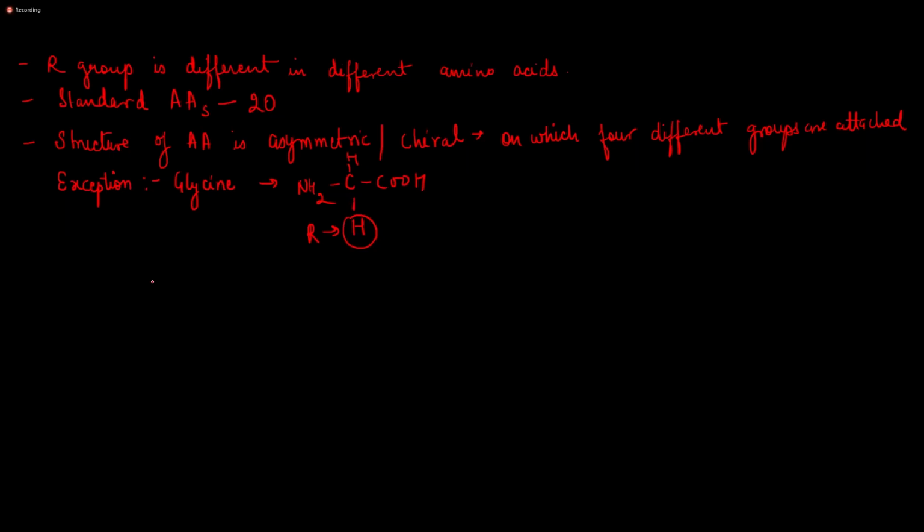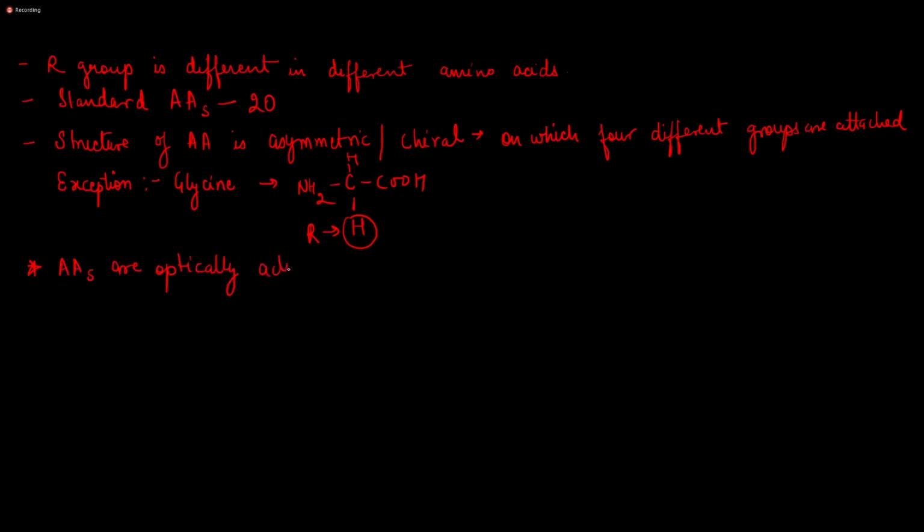Now, let's talk about one property of a chiral carbon or a chiral molecule. Chiral molecules are optically active molecules. You will also study this in your organic chemistry class. Since amino acids are also chiral, you can write that amino acids are optically active.